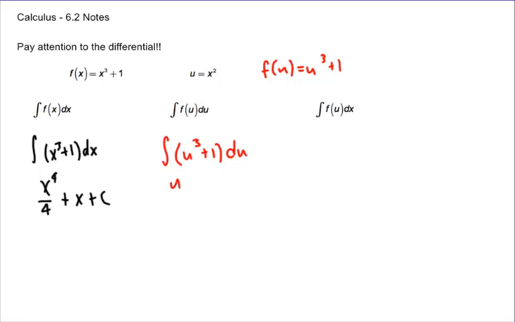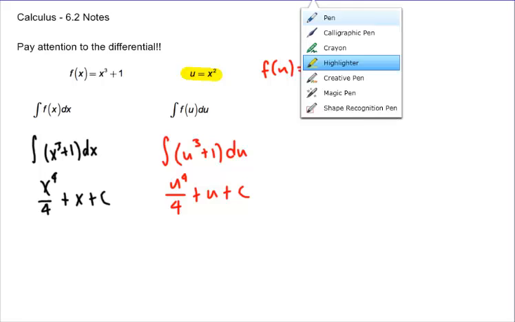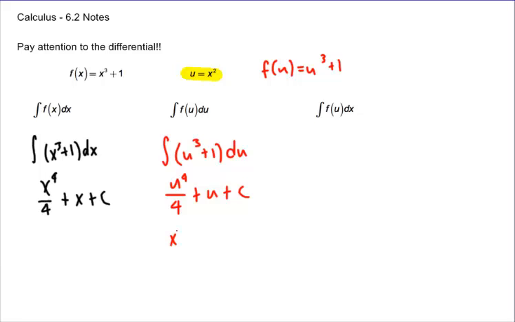So when I integrate that, I'm going to end up with u to the 4th over 4 plus u plus c. But we're not quite done yet because we're told that u equals x squared. So everywhere that I see a u, I put an x squared in. So I've got x squared to the 4th over 4 plus x squared plus c. And so this guy actually is going to end up being x to the 8th over 4 plus x squared plus c. And that's the middle guy.